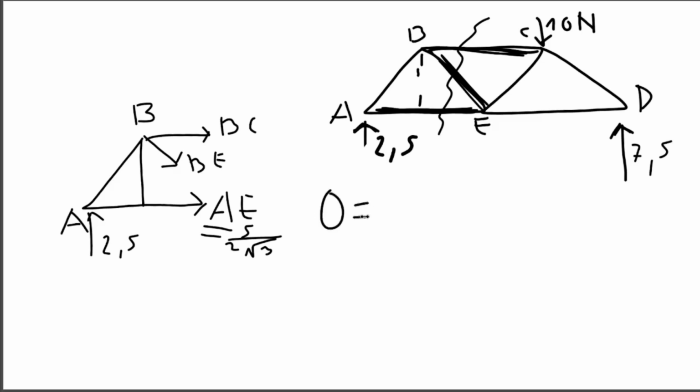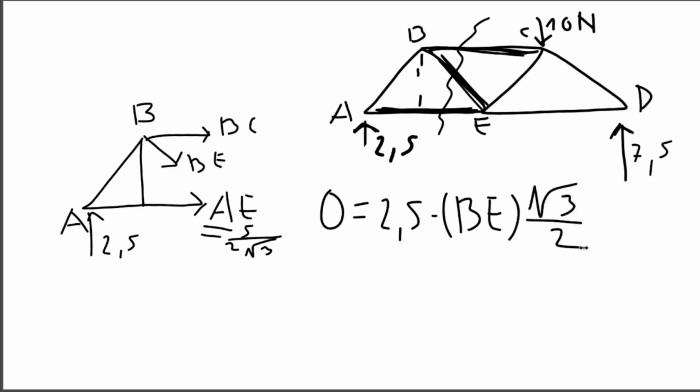So 0 equals 2.5 going up minus the y coordinate of BE, which is BE times, and now what is that going to be? It's only the cosine of, basically cosine of 30 degrees, which is square root of 3/2.